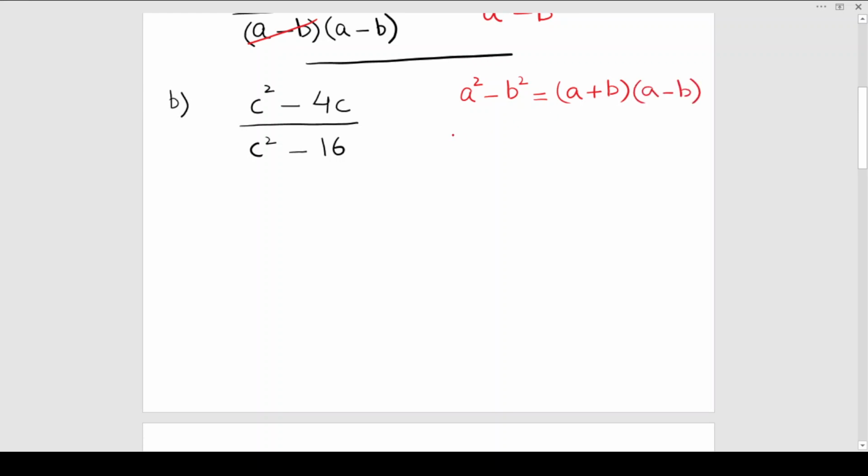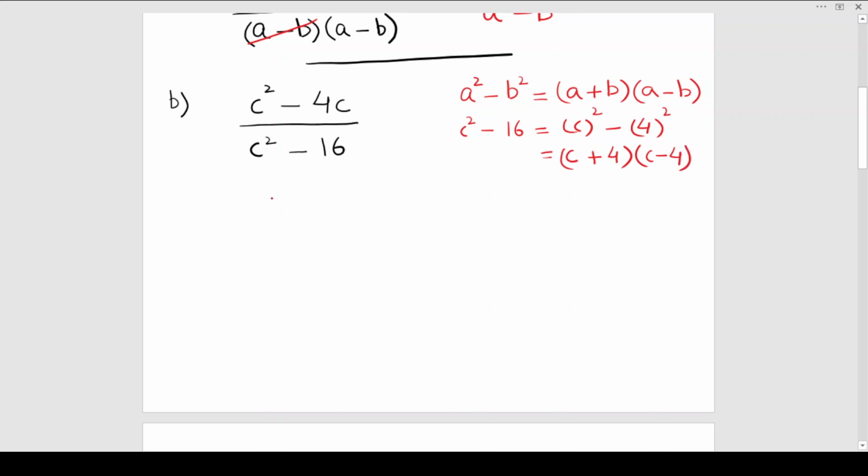Here, c square minus 16 can be written with 16 as 4 square, so it will be (c plus 4) and (c minus 4).